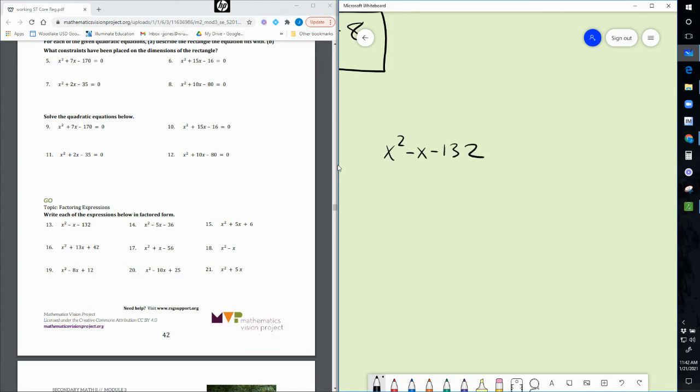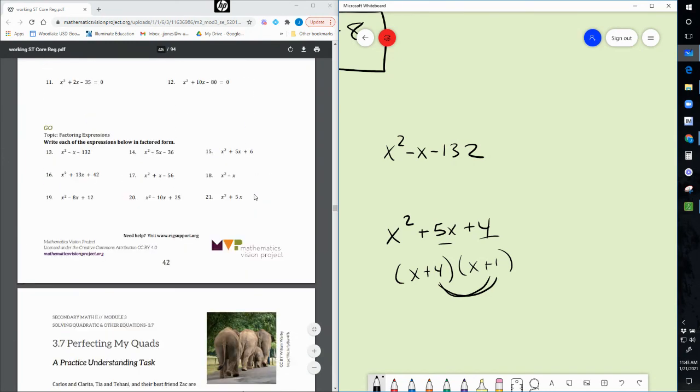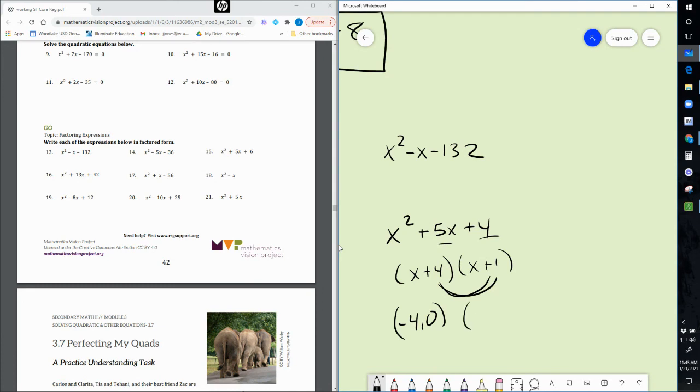So if I gave you the equation x squared plus, I don't know, 5x plus 4, you would rewrite this as x plus 4, x plus 1, because 4 times 1 is 4, and 4 plus 1 is 5. And that's how you write it in factored form. If you want to give me the solutions, you would say negative 4, 0 is a solution, and negative 1, 0 is a solution. Okay? And then that's going to be it.